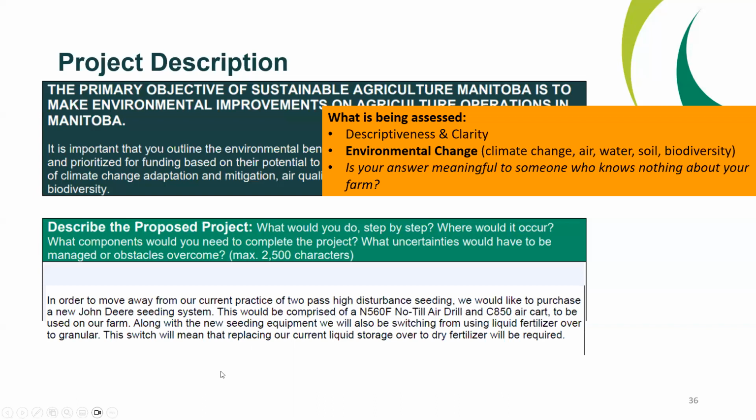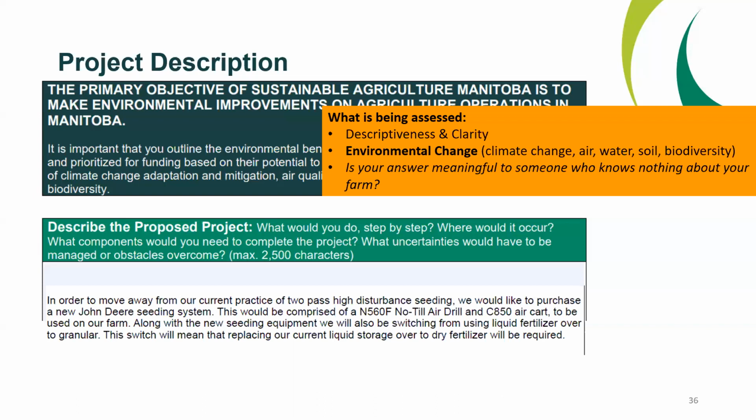In order to move away from our current practice of two-pass high disturbance seeding, we'd like to purchase a new John Deere seeding system. This would be comprised of the no-till air drill, an air cart to be used on our farm. Along with the new seeding equipment, we will also be switching from using liquid fertilizer over to granular.